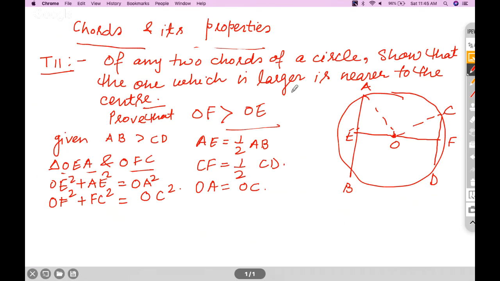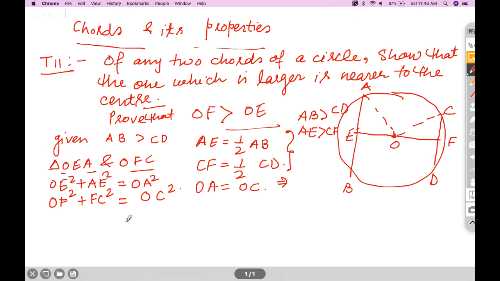Now I know that if AB is greater than CD, then AE would be greater than CF.